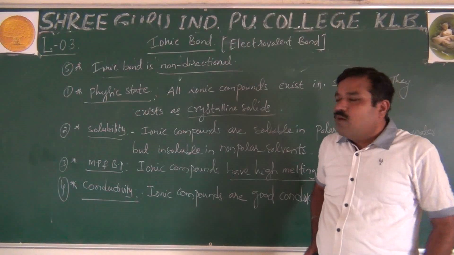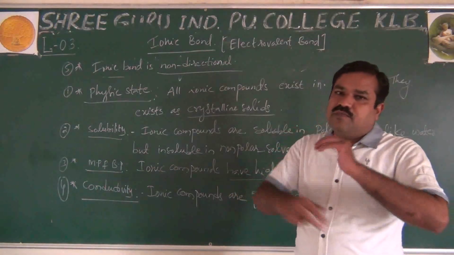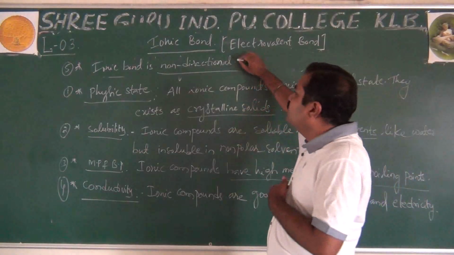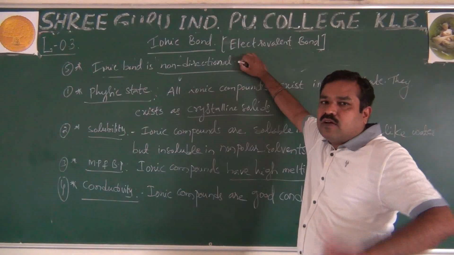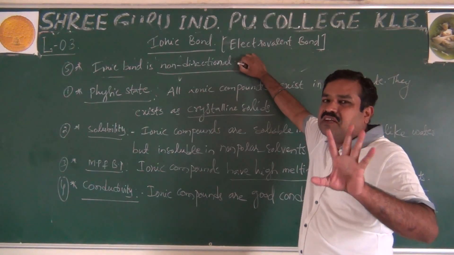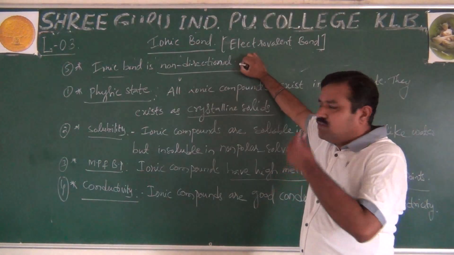Non-directional, that means the pair of positive and negative charges, they will not overlap each other. That's why it is called non-directional. That means one element should be electropositive, other element should be electronegative. Then only it is possible, otherwise not possible. These are the characteristics of ionic compound.